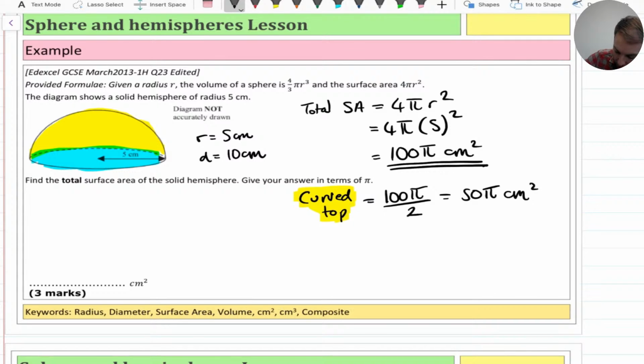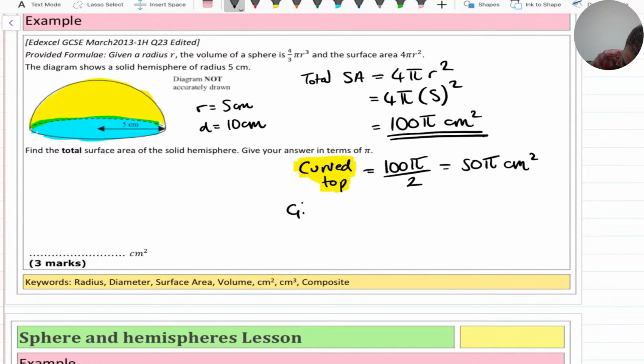Now, you need to work out what the circle on the bottom is. So my circle area of the bottom, well, we know the formula for the area of a circle is pi r squared, which is equal to pi times the radius squared, which is going to be 5 squared, which is equal to 25 pi centimeters squared.